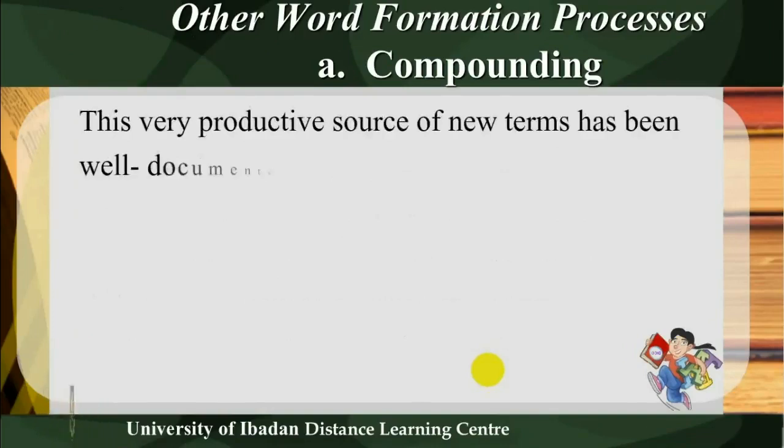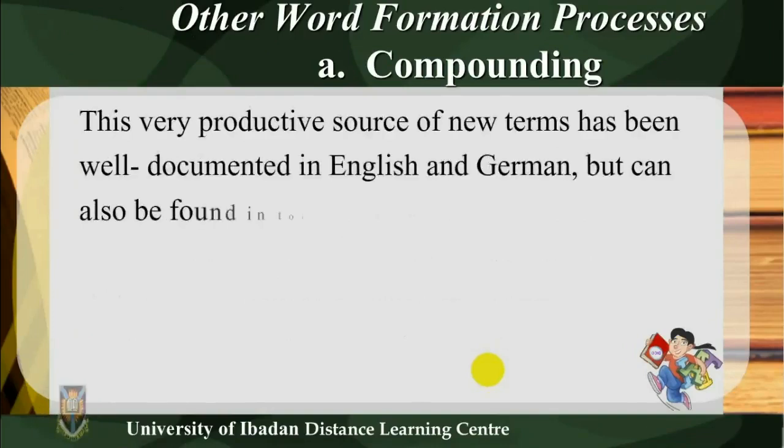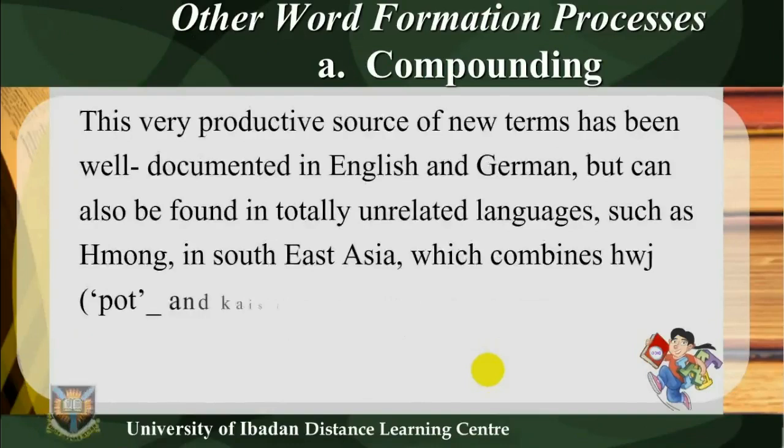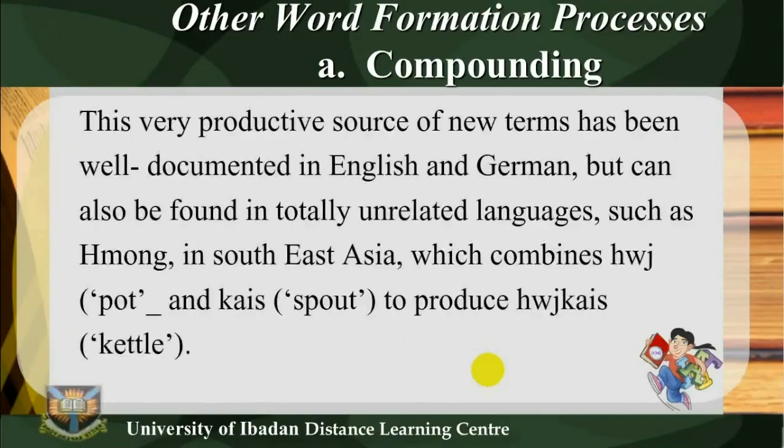This very productive source of new terms has been well documented in English and German, but can also be found in totally unrelated languages, such as Hmong in Southeast Asia, which combines hwj, pot, and kes, spout, to produce hwjkes, kettle.